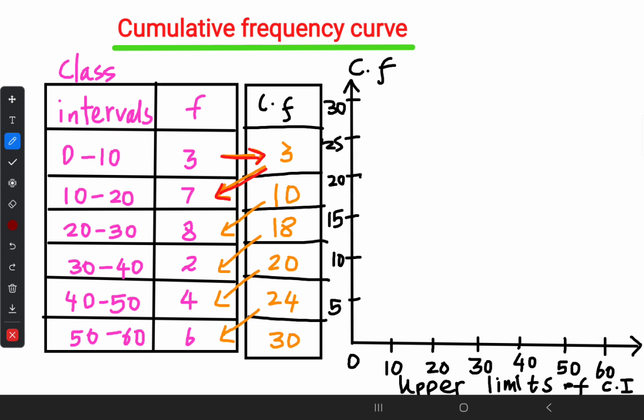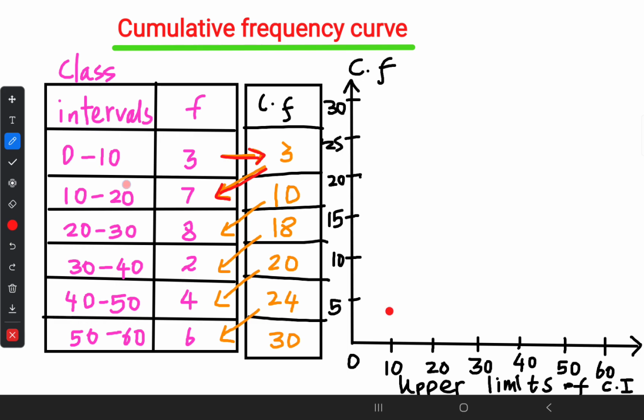Okay, upper class limit 10. When the class interval's maximum value is 10, the cumulative frequency is 3. So the first coordinate would be 10 and 3. 3 means a little beyond this 5. Okay, this is my first coordinate.